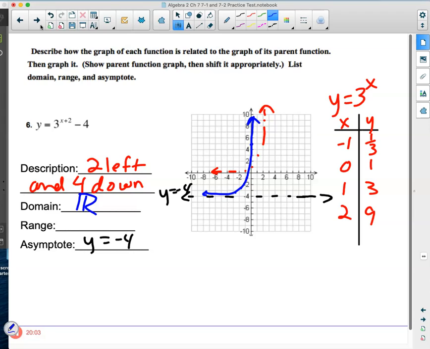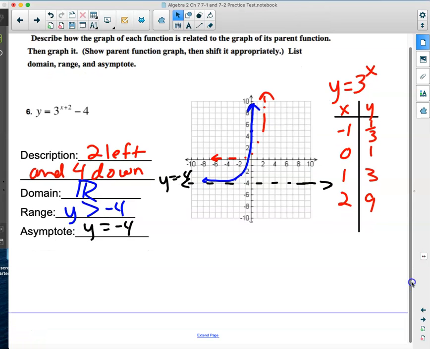Got -4. Above it or below it? Using the greater than. Whew. 3 graphs tomorrow? Everybody feeling okay with graphing? Okay, asymptote is controlled by k. That's what we have to watch out for.